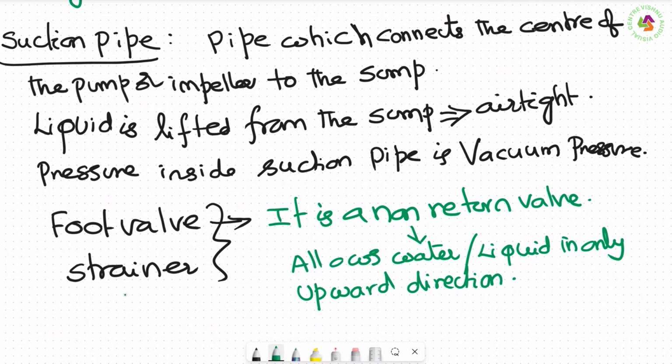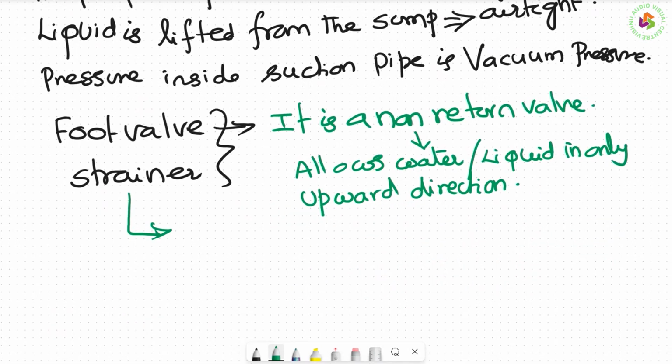Then what is the strainer component? A strainer is like a pot with holes, a mild steel iron pot connected to the suction pipe at the bottom. The main function of the strainer is to stop the debris.